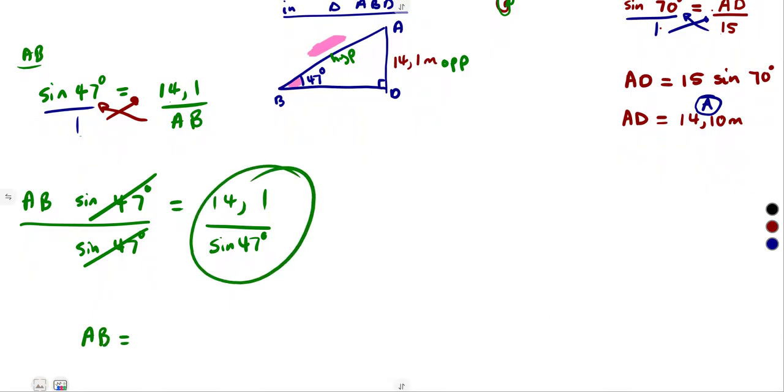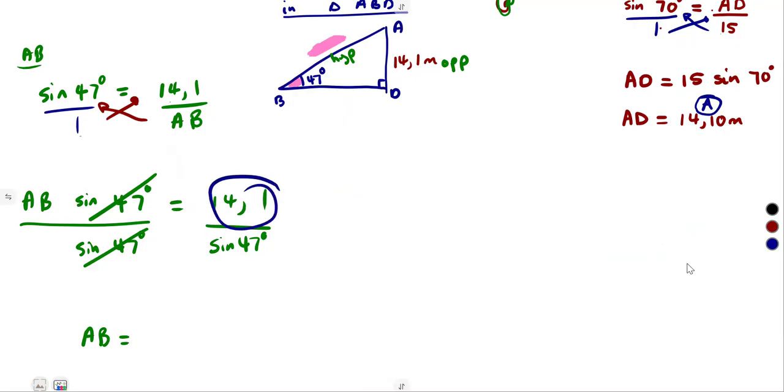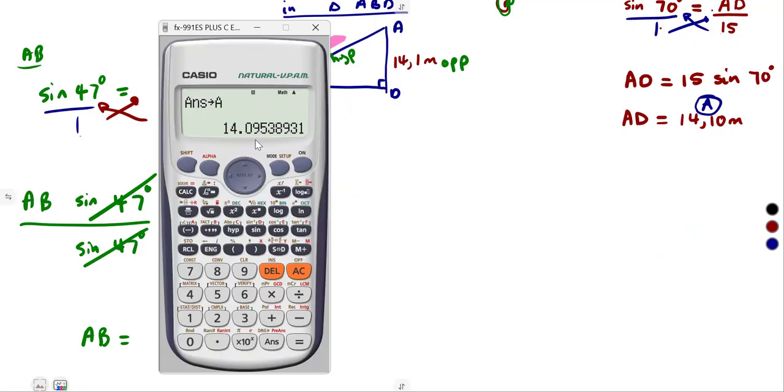This 14.1 is a rounded off value that we obtained here. Remember, we are supposed to use the exact value, the most accurate value. The most accurate value is not the rounded off value; it is the one that we stored, as it is.